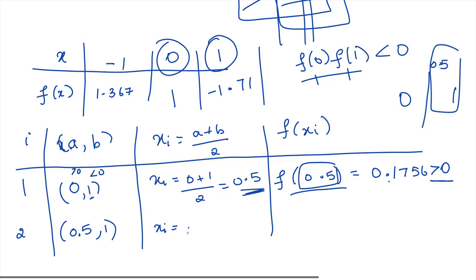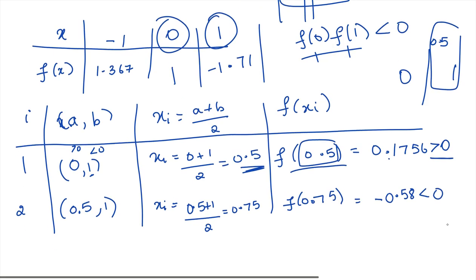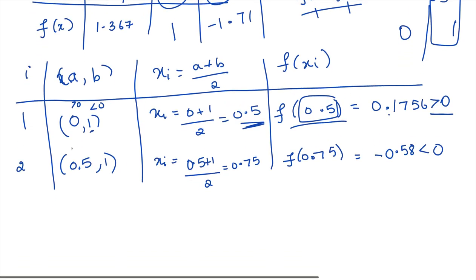Okay. Now xi is 0.5 plus 1 divided by 2, which is 0.75. What is f of 0.75? It's minus 0.58. This is less than 0. So here if you notice, 0.5 was giving us greater than 0, 1 was giving us less than 0. And now the newer middle value is giving us again less than 0.